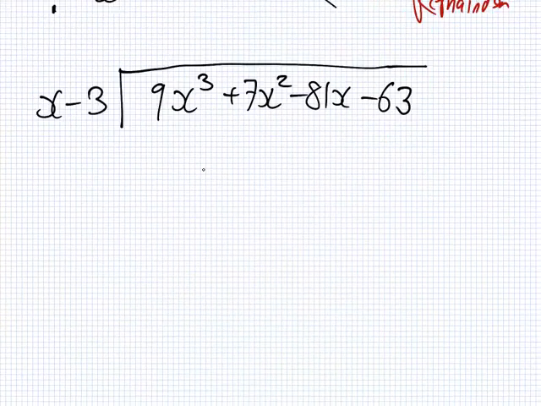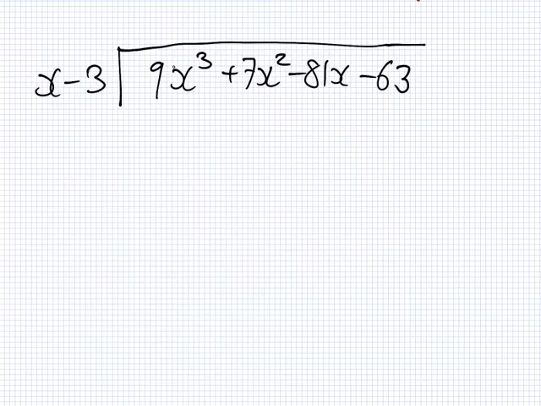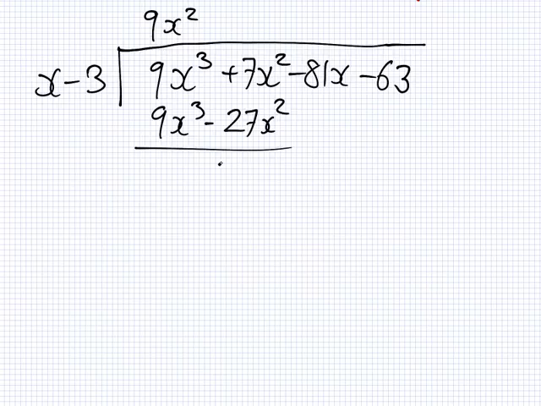Okay, let's have a look here. So, what do I need first? 9x squared. I multiply, I get 9x cubed minus 27x squared. I subtract and I get 34x squared minus 81x minus 63. Right, what's next? 34x.